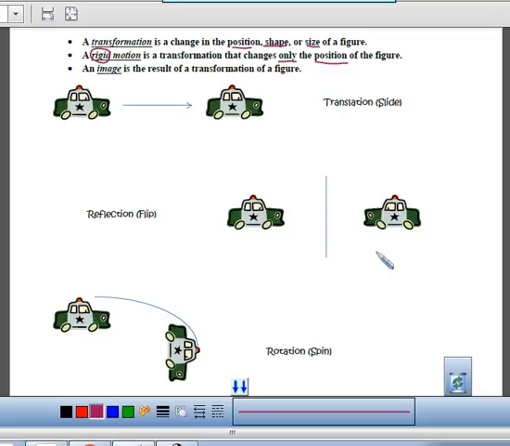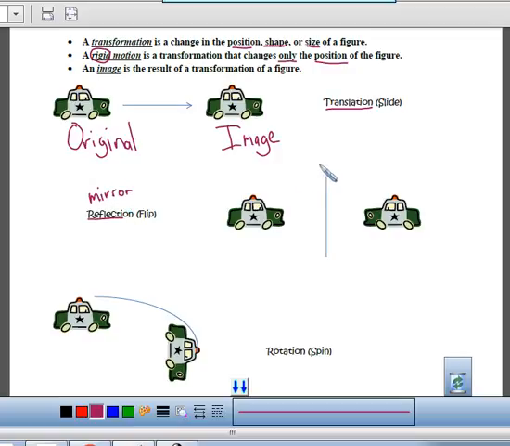So we've got 4 different kinds that we're going to talk about. The first one is a translation or a slide. So here's the original figure, original. That makes this one the image. Another type of transformation is a reflection or a flip. When I think of reflection, I think of a mirror.